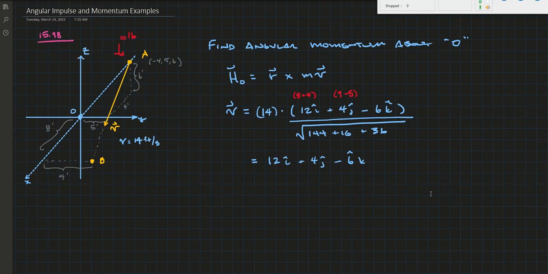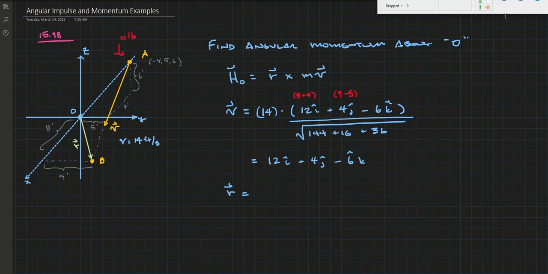Now, R equals, well, we can draw a position vector anywhere we want to this line, and perhaps the easiest way is to draw our position vector in this direction, so it's only in the xy plane. It contacts the line of action of this force, and that's good enough to calculate our moment.